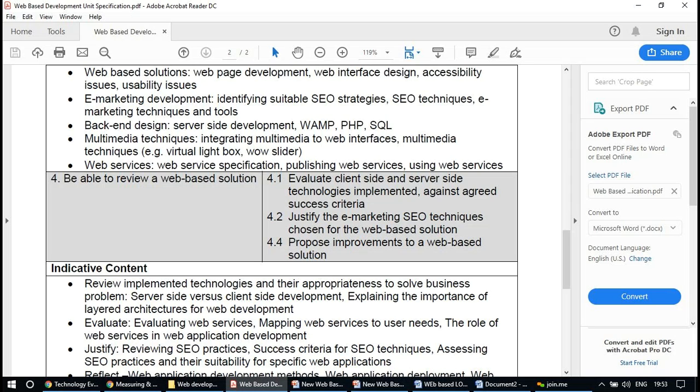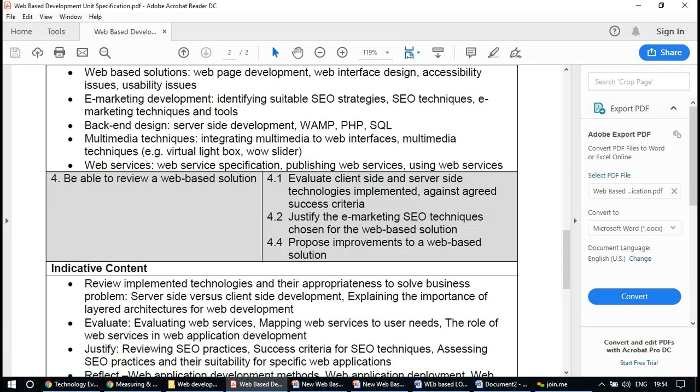In the next few slides we'll be discussing certain criteria for the evaluation, and some techniques or points to consider for the SEO justification.